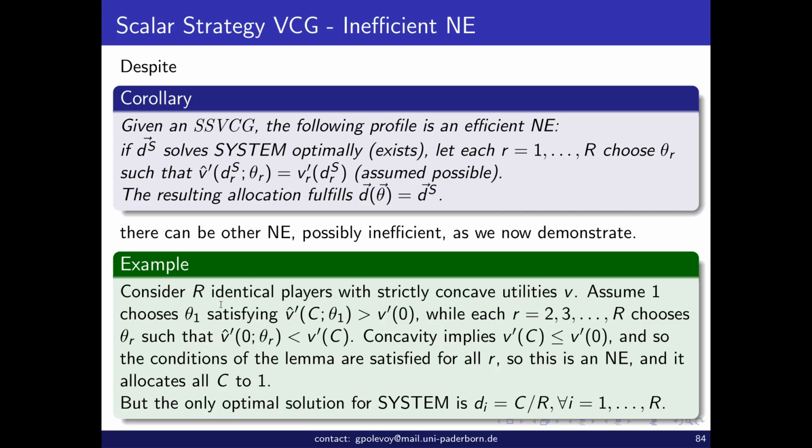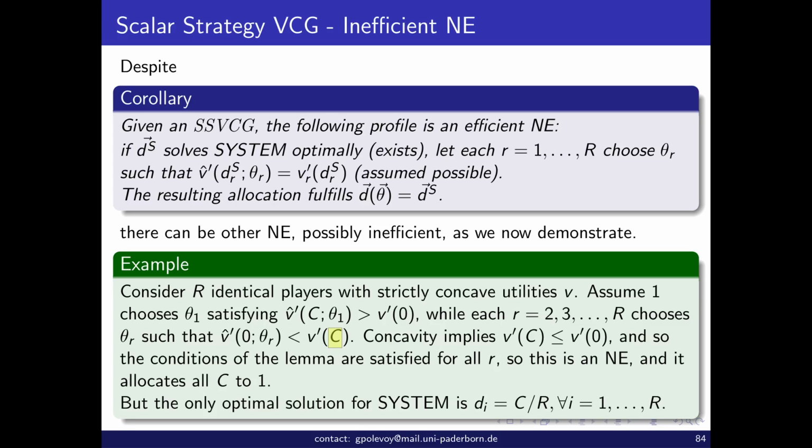Assume player 1 chooses theta 1, which defines some utility function from this one-parameter family, such that the derivative of this function when the player gets everything of the resource is greater than the actual derivative of this utility at 0, while the other players 2, 3, and so on till player R choose theta R such that the derivative of the chosen value function at 0 is strictly smaller than the actual derivative of the actual utility function at the maximum value of the resource.